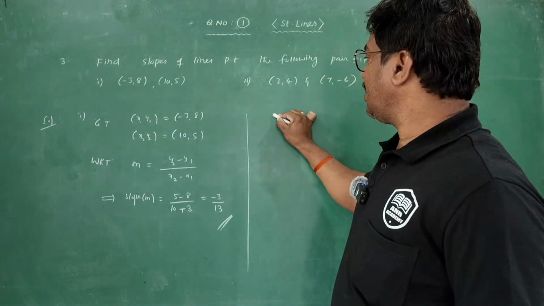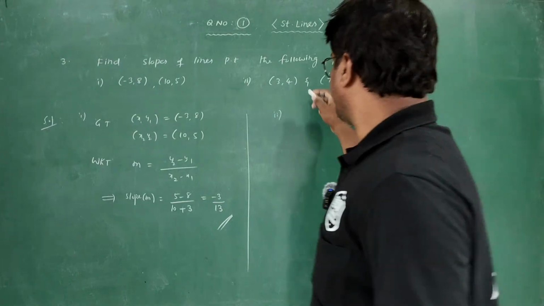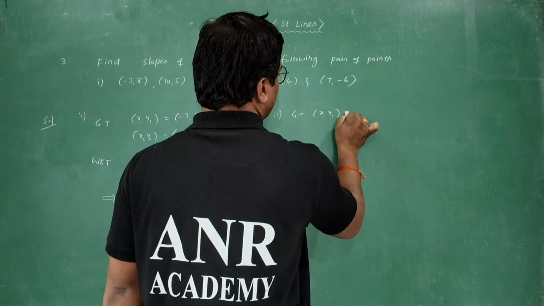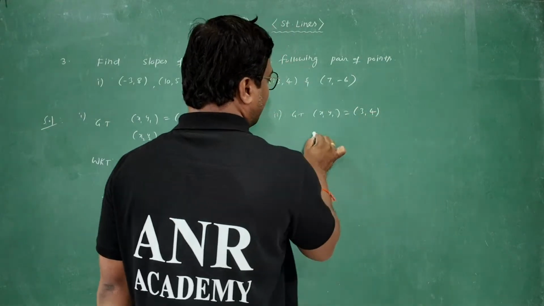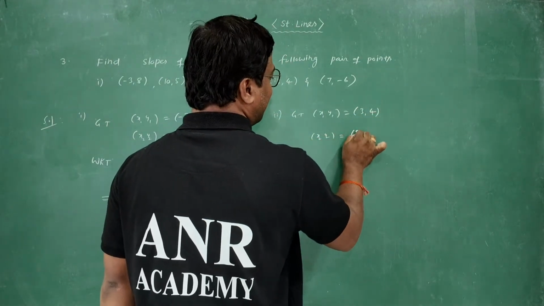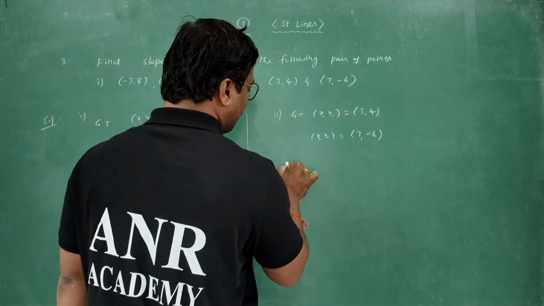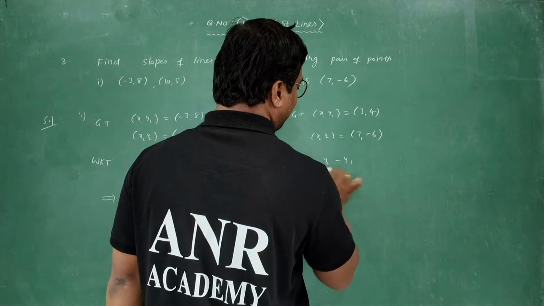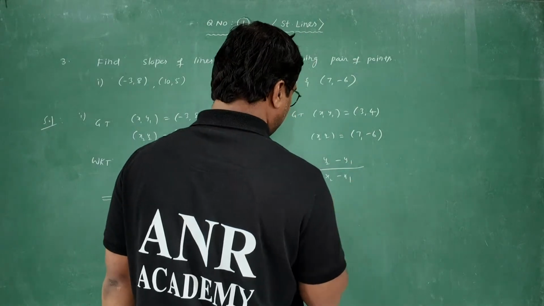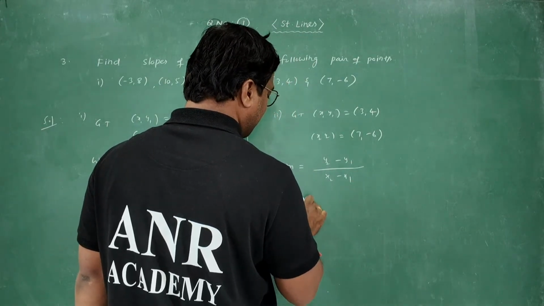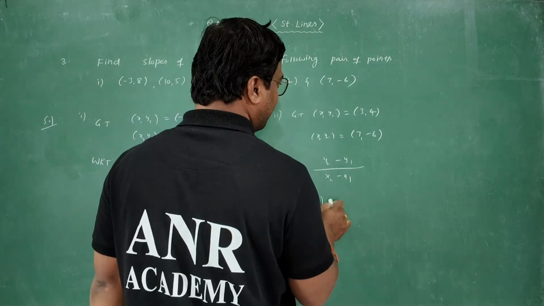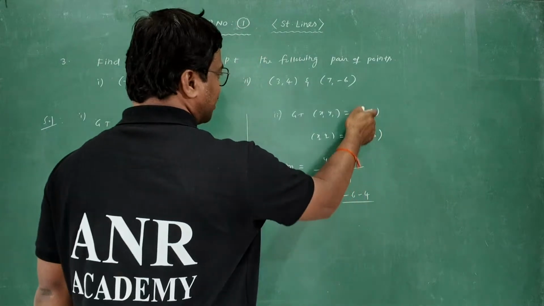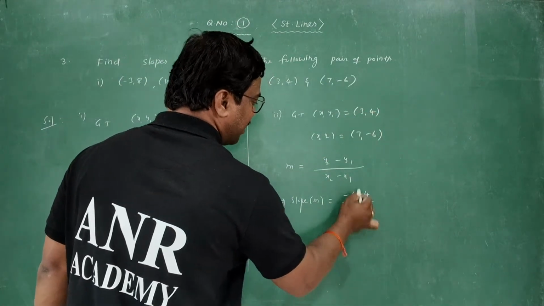In the same way, you can solve second one. Given that first point whose coordinates x1, y1 3, 4 and second point whose coordinates x2, y2 7, -6. You know that slope formula y2 minus y1 by x2 minus x1. That implies here slope of the line become y2 minus y1, that is -6 minus 4 divided by next x2 minus x1, that is 7 minus 3.